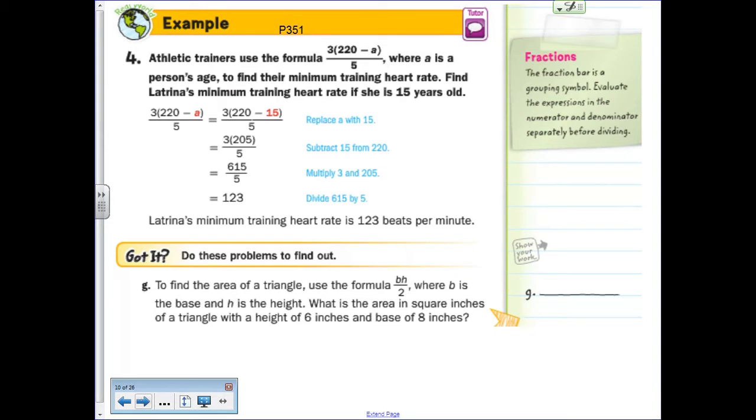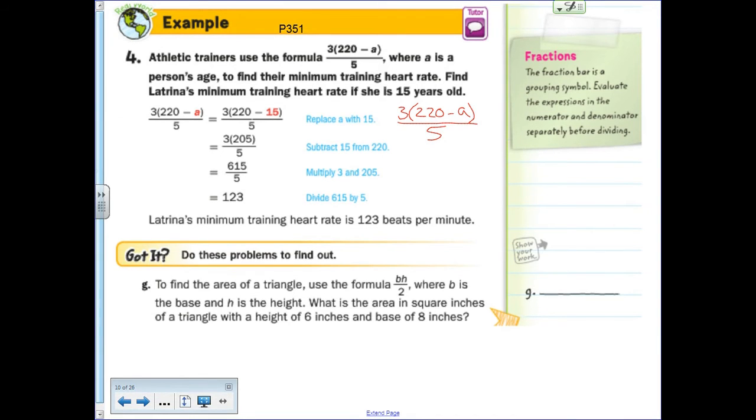So formulas are a form of algebraic expressions. This algebraic expression or formula is 3 times 220 minus the age of a person divided by 5. So that's the minimum heart rate. And in this case, she is 15 years old. So we're going to plug that in. 3 times 220 minus 15 divided by 5.